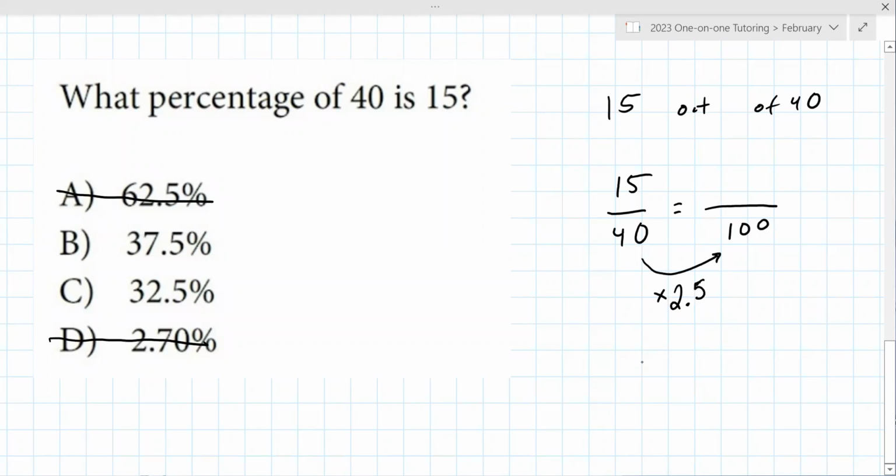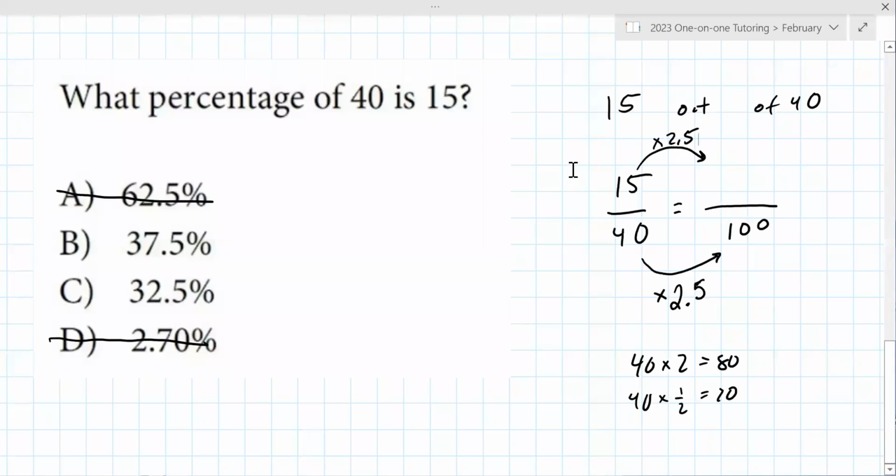Okay, because 40 doubled is 80, and then if you take half of 40, that's another 20. That's where the 20 comes in. So now you've got to take 15 and multiply by 2.5.